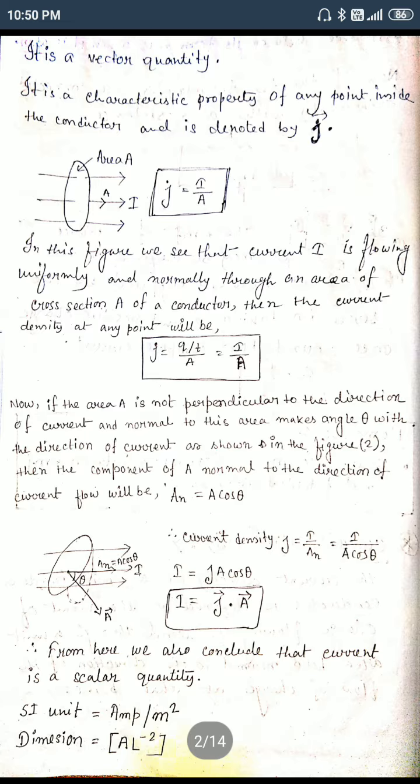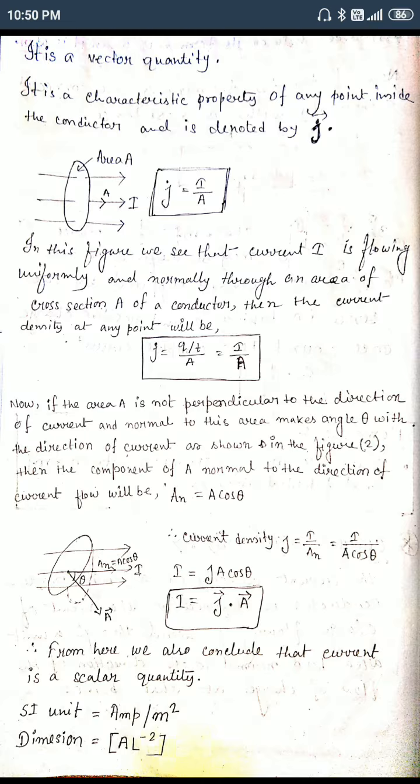It is a vector quantity. We know that electric current is a scalar quantity, but current density is a vector. Charge flowing per second gives us a current. So the current flows through the conductor through a unit area held normally; that is called current density.